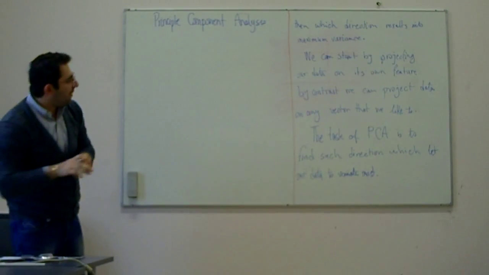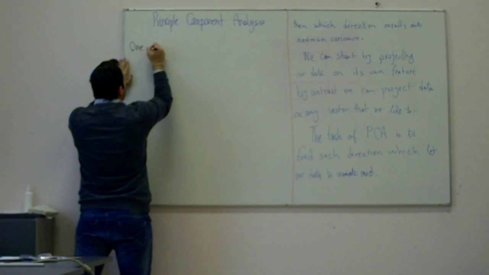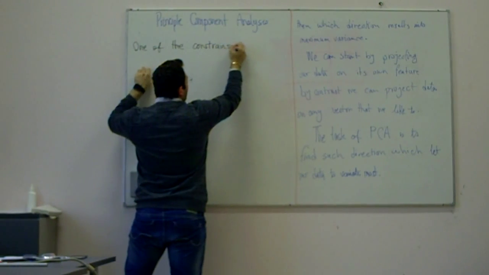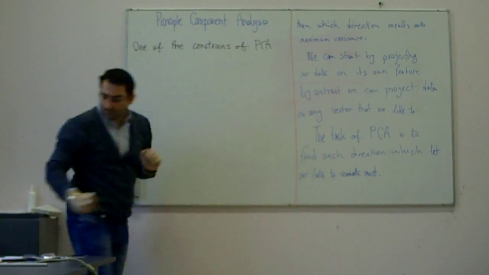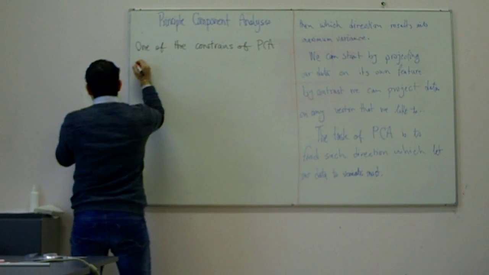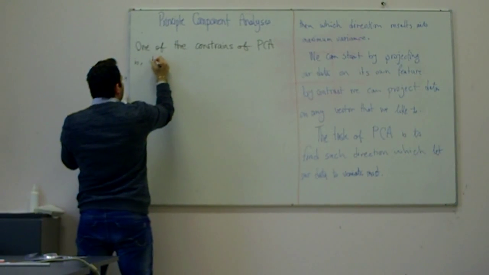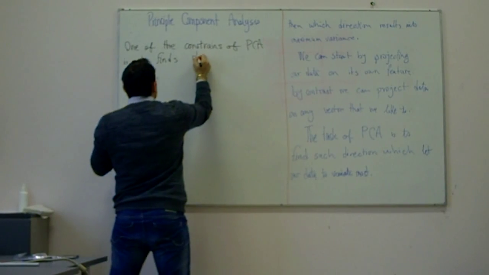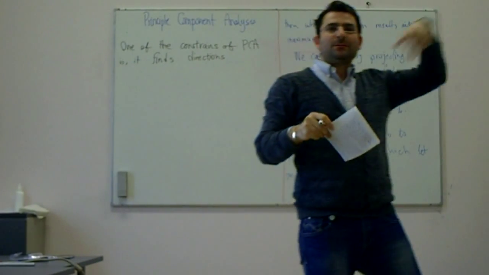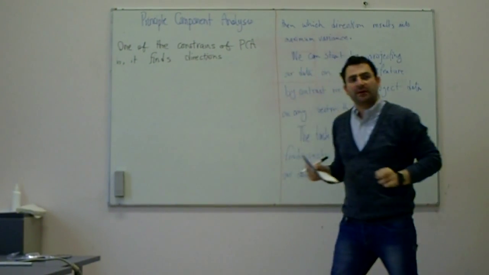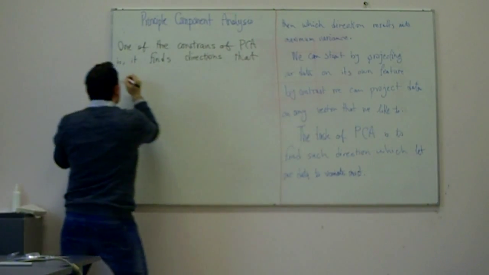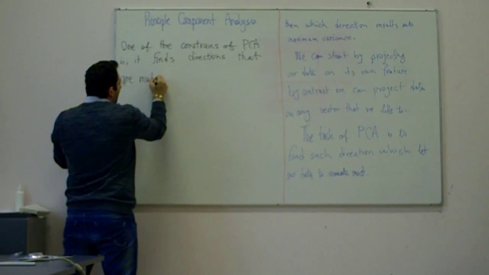One of the constraints of PCA is that it finds directions which maximize the variance, but there is a very important property for these directions. It finds directions that are mutually orthogonal.